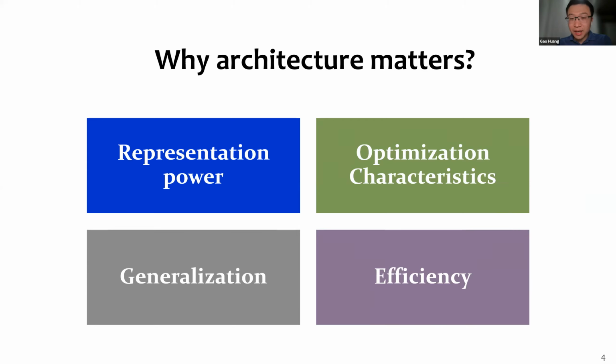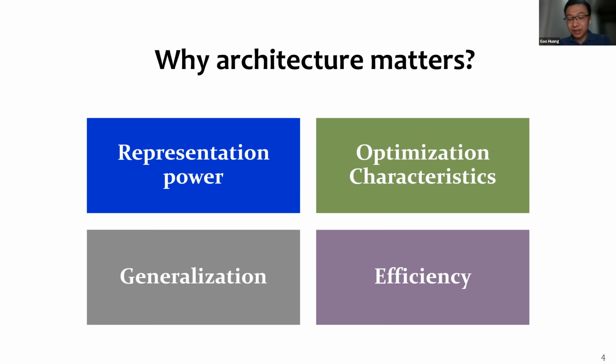And then the optimization property. Different architectures have very different optimization characteristics. For example, the ResNet: why ResNet can be extended to hundreds of layers is because with those skip connections, we can easily train a very deep architecture.